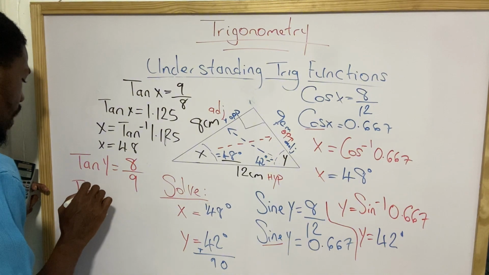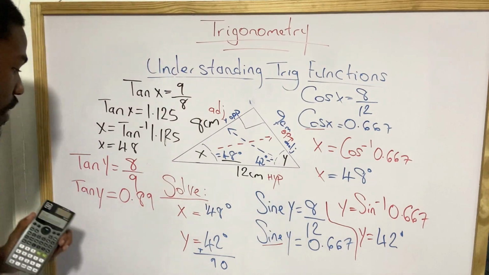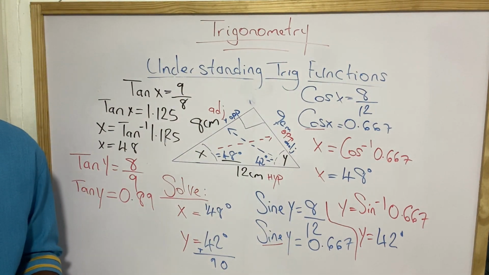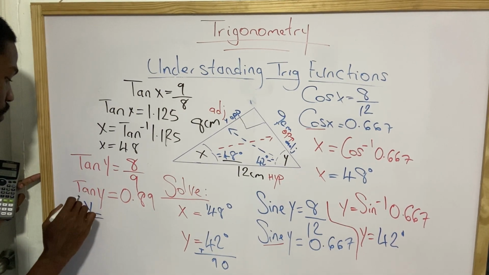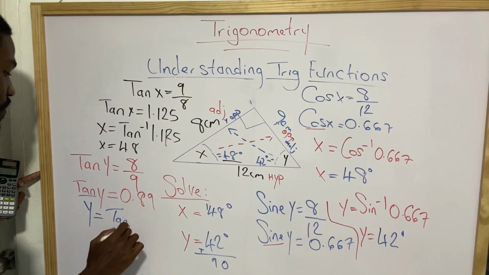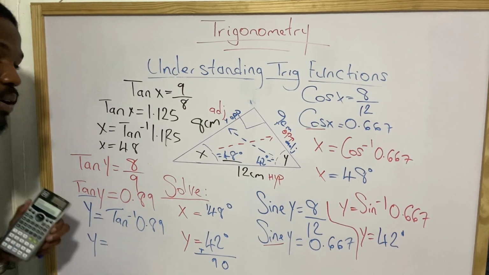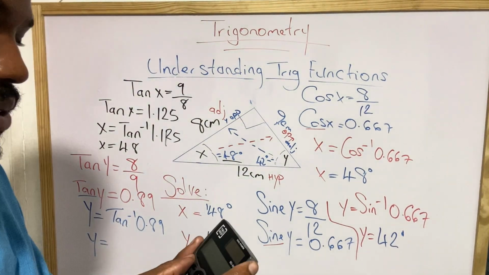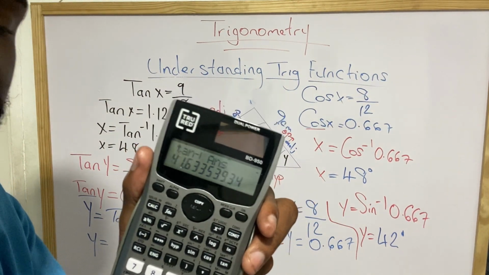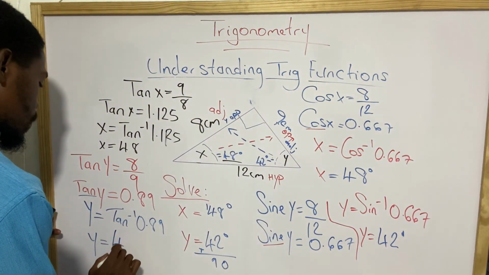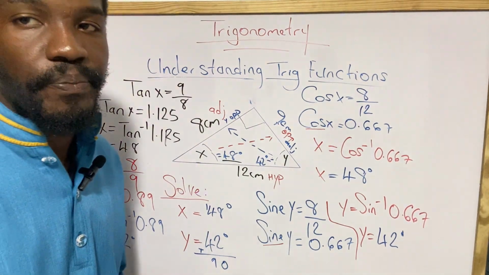So tan y equals 0.89, and then to find y, we would say y is equal to the tan inverse of 0.89. So we punch this into the calculator, and the tan inverse of this is going to be 41.6, which we know is pretty much 42 degrees. So there you have it. It still gives us the same answer for tan.